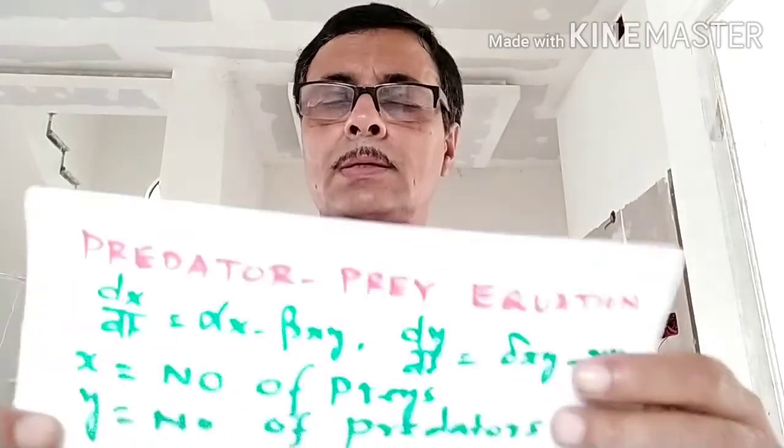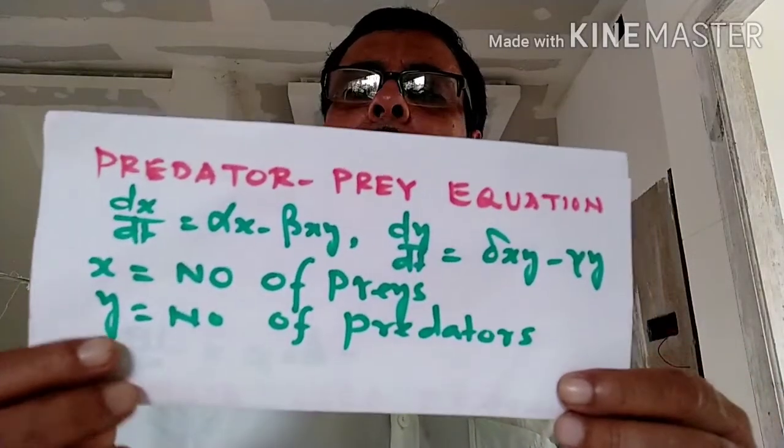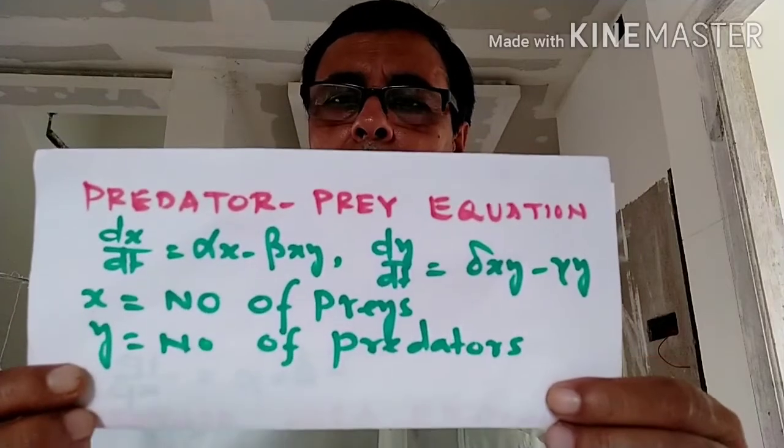To model and understand biological phenomena like predator-prey interactions. The predator-prey interaction is mathematically explained by the predator-prey equations. These are two differential equations which are used in predator-prey equations.